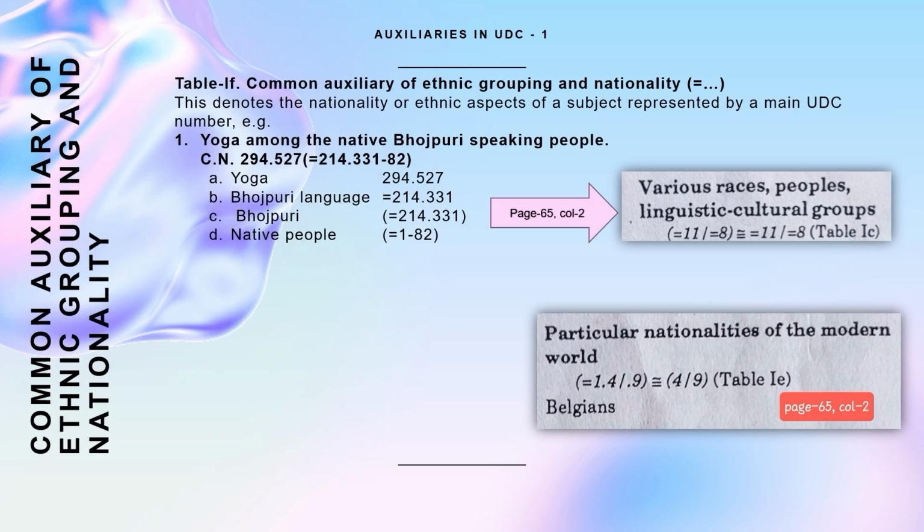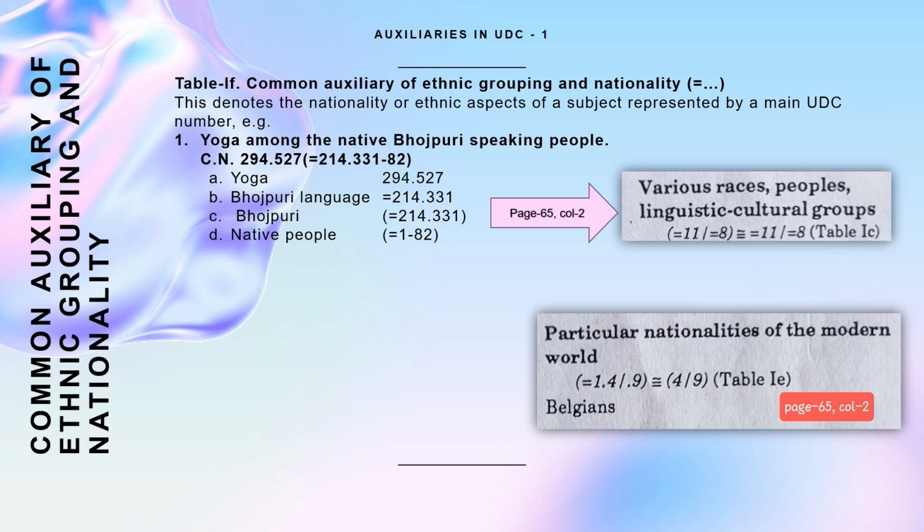So, there is an instruction in the schedule, that is various races people in page 65 column 2, various races people linguistic cultural group, that is within parenthesis equal to 11 stroke equal to 8 will be subdivided as equal to 11 stroke equal to 8. That is the ethnic people will be created by using the language number.